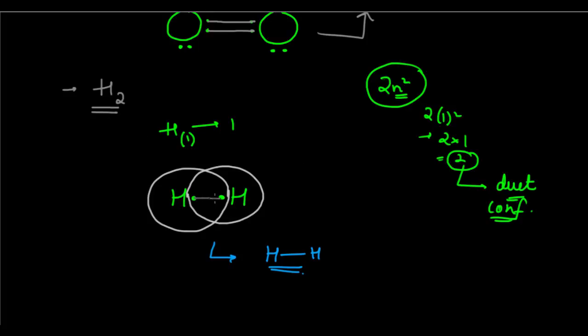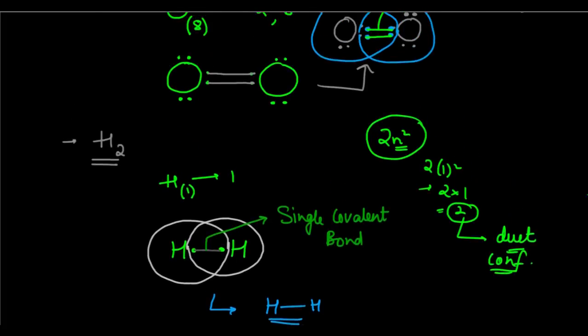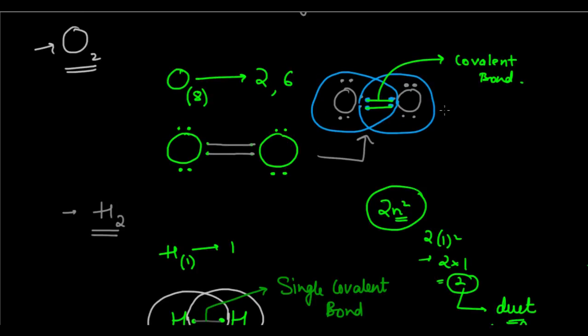The kind of bond, therefore, generated in hydrogen is a single covalent bond. Whereas in oxygen, the bond generated is a double covalent bond, since they are sharing two electrons each, and they are forming two bonds. So that is a double covalent bond, right?